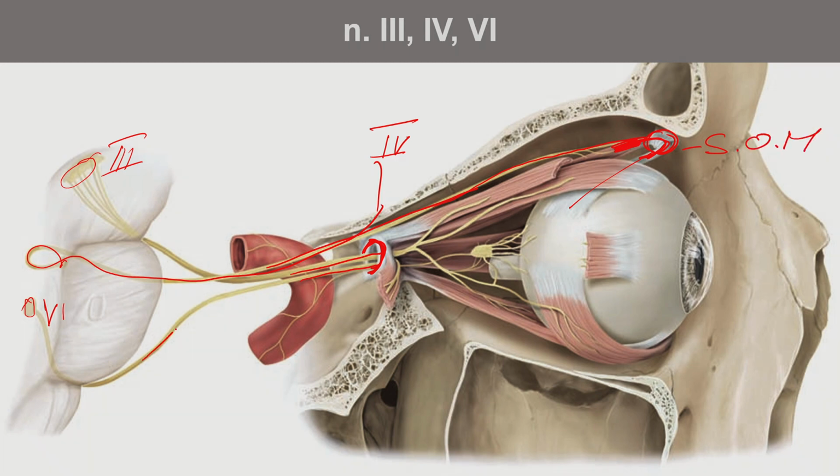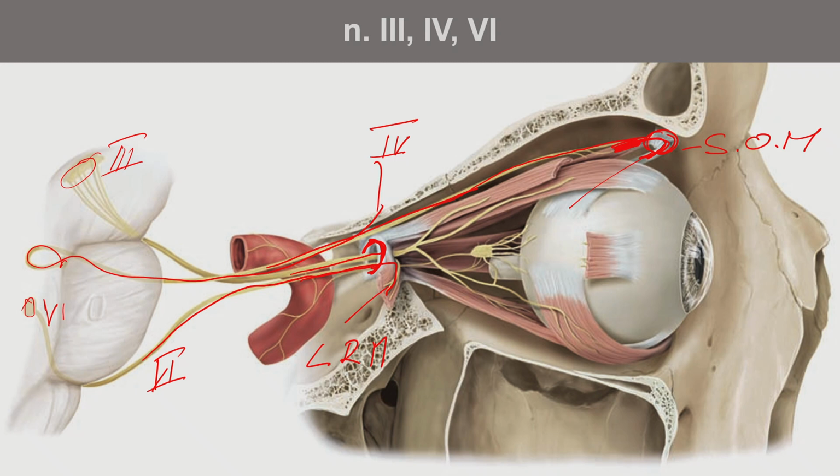And also there is only one muscle innervated by the sixth nerve, and this is the lateral rectus muscle. The lateral rectus is easy to remember because abduction is a movement outside, to the lateral.